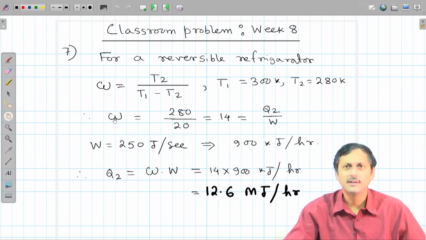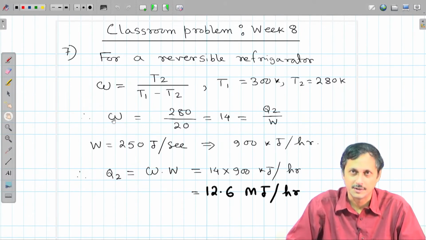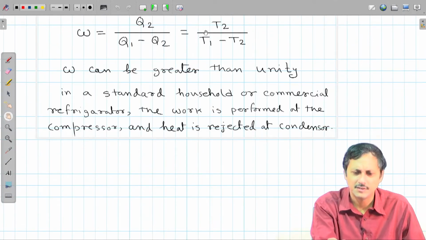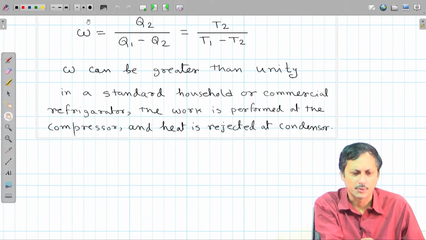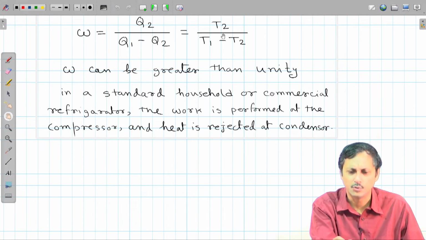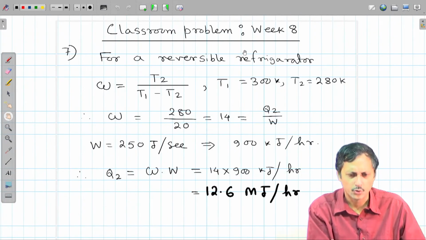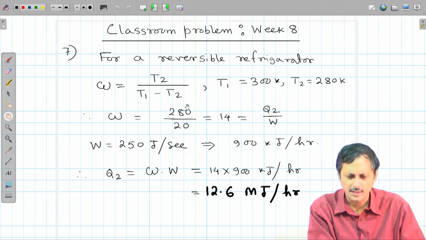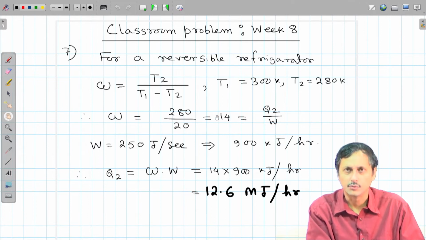So, first of all, it is given as a reversible refrigerator, and for a reversible refrigerator we have just seen that the efficiency, or the coefficient of performance omega, is T2 by T1 minus T2. So, T1 is 300, T2 is 280. So, we have omega equal to 280 by 20, which is equal to 14.